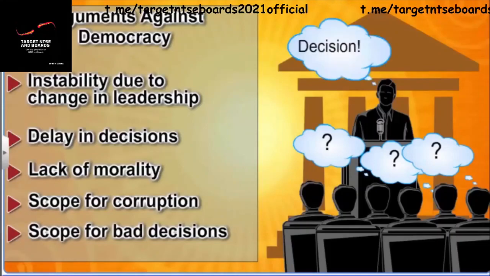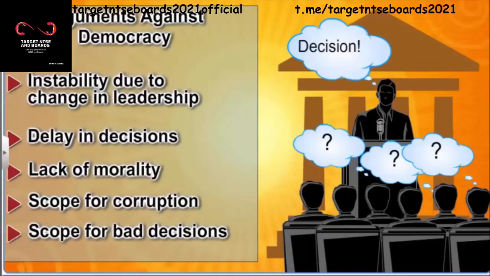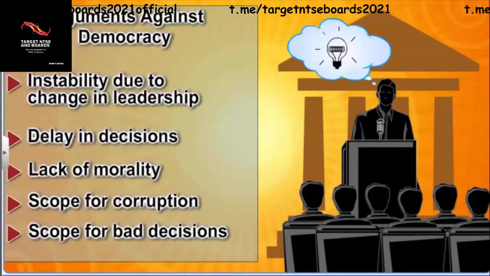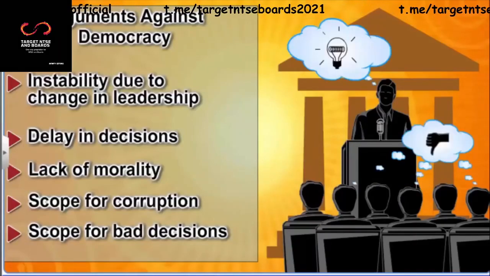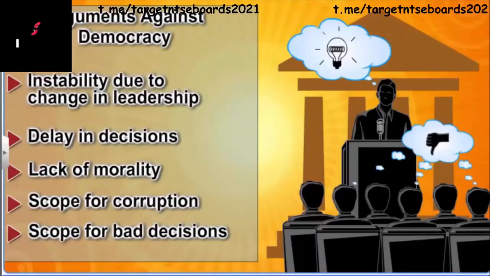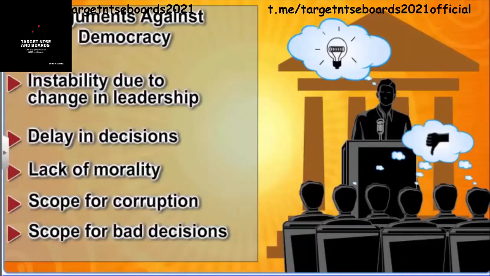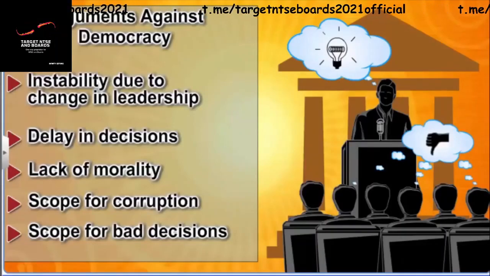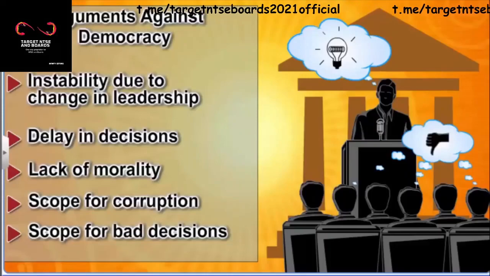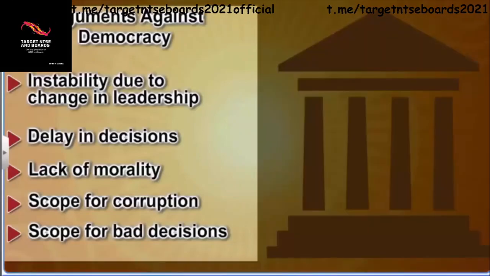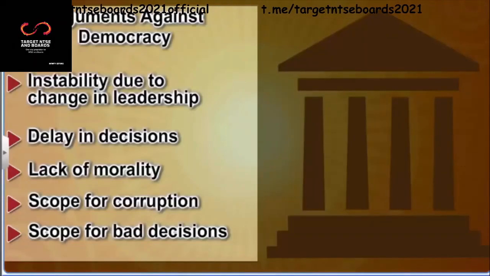This can lead to bad decisions. Finally, it can be said that ordinary people are not qualified to select a good leader, and so should not be given that power. Many of these arguments are indeed valid.